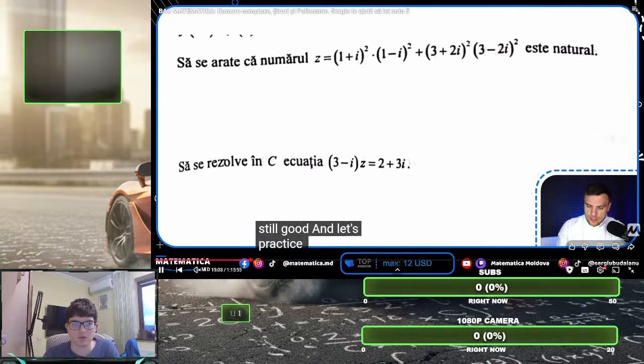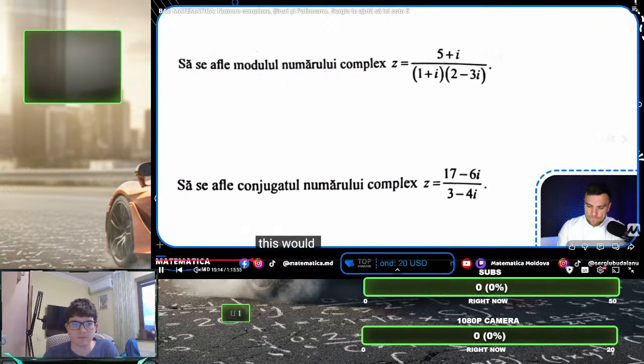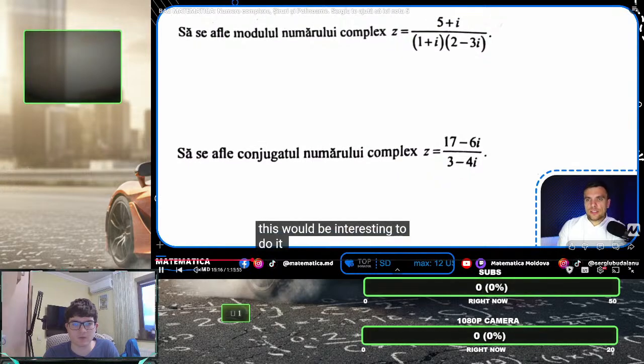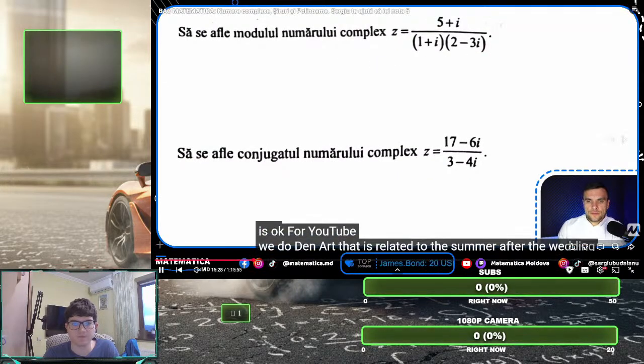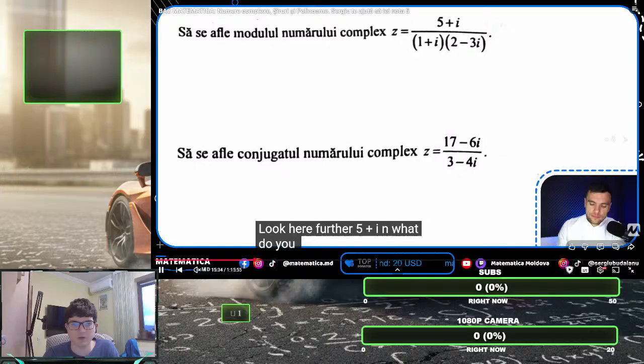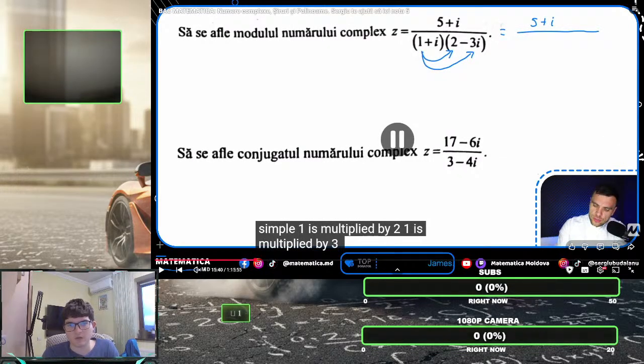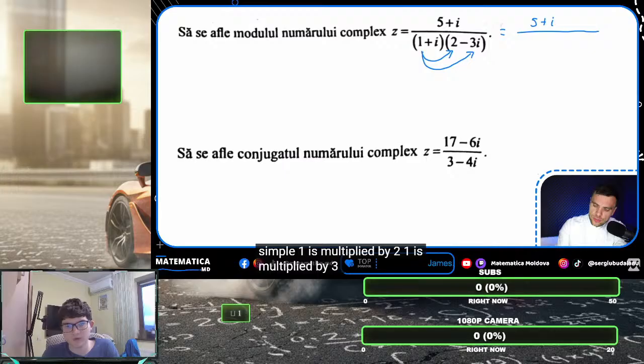So z here. Work with this, I guess. Alright, so finding z here. I think on this one we work out with I to the second power is -1.